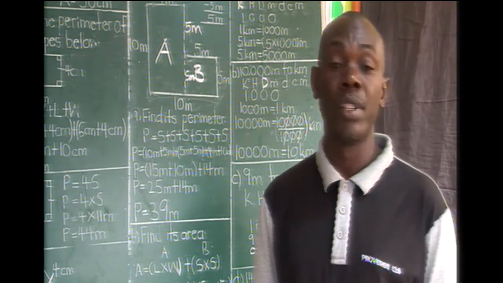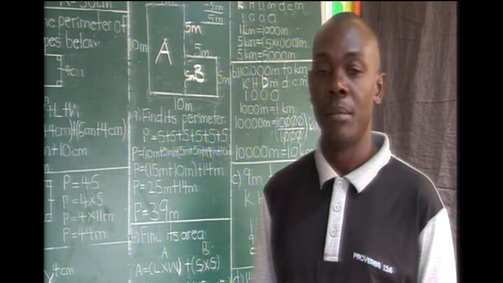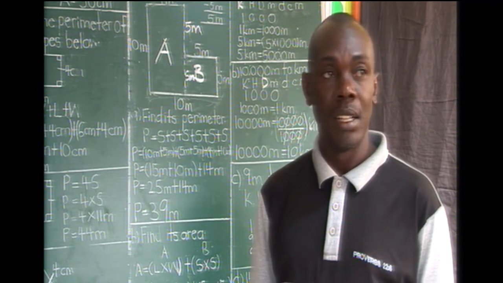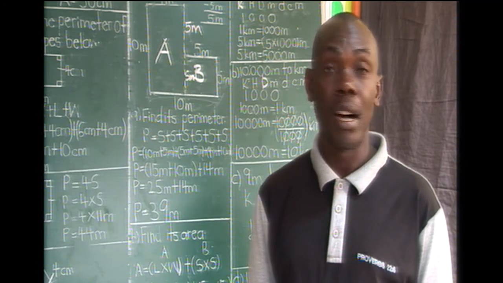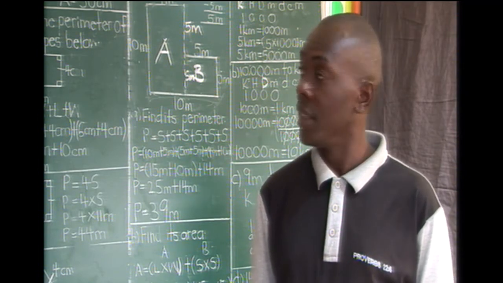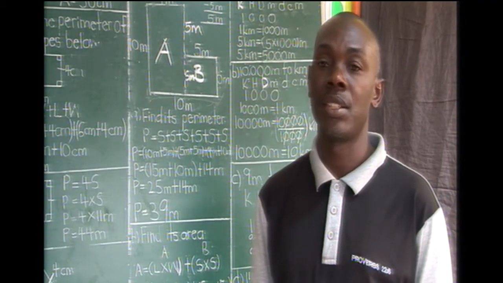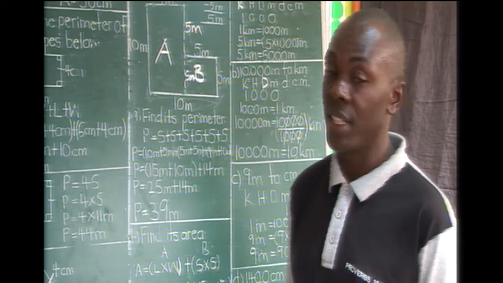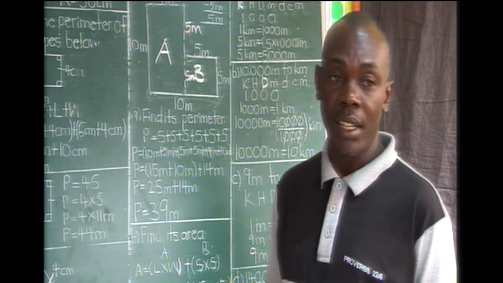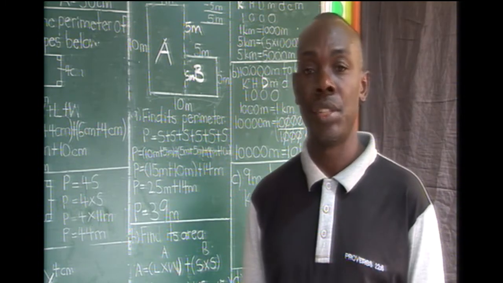If you haven't understood properly, still play back. You can download and then play back as many times as possible so that you understand, because everything has been exhaustively described here and explained to you.